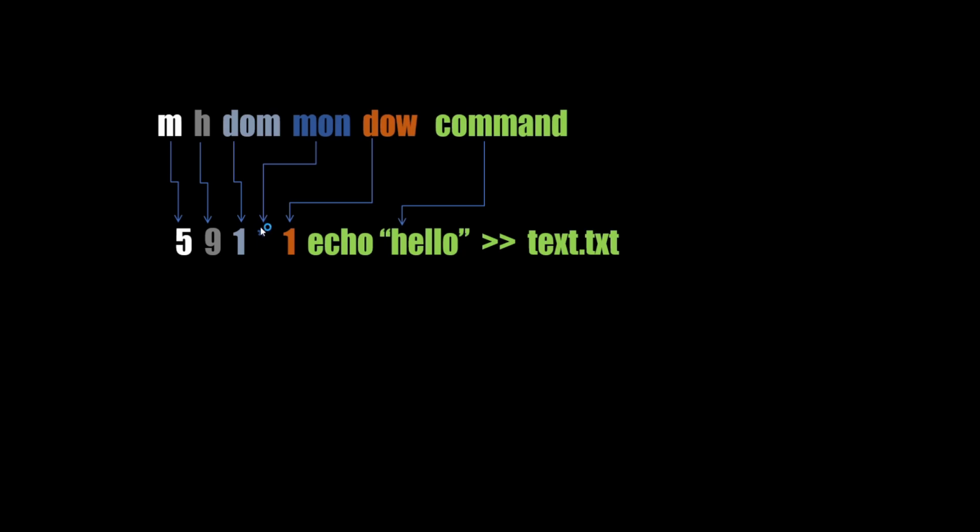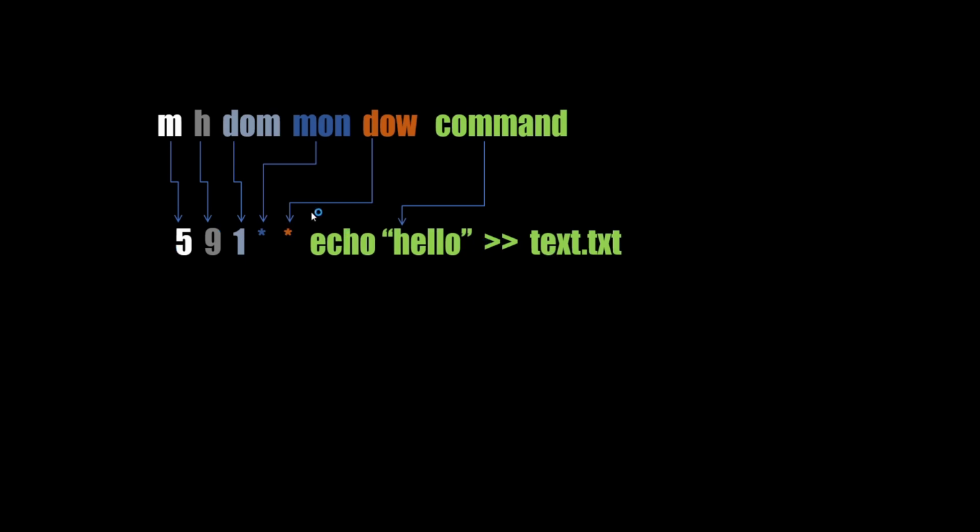So in order to execute that command for every month, not just a particular month, we can use asterisk. It will execute on the 1st of every month at 9:05, if it is a Monday.